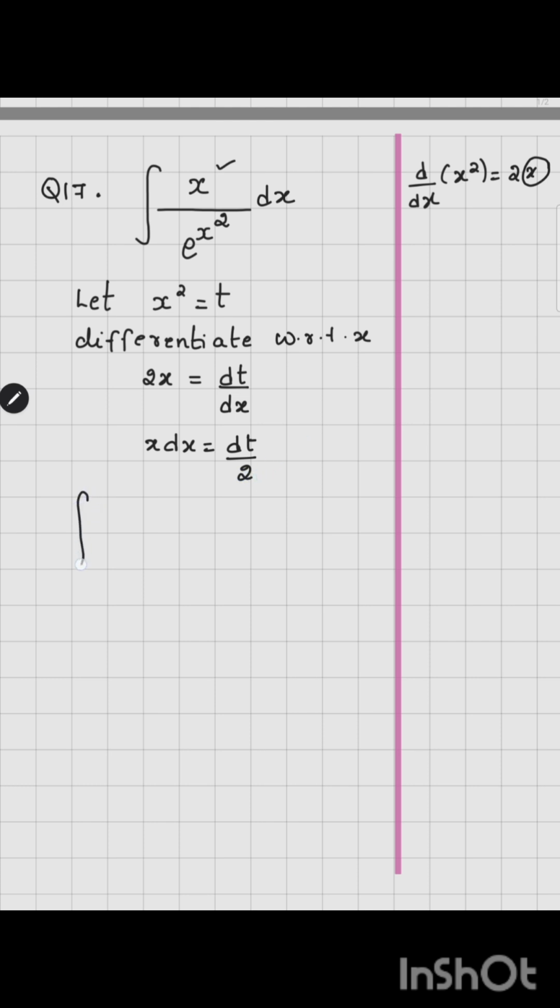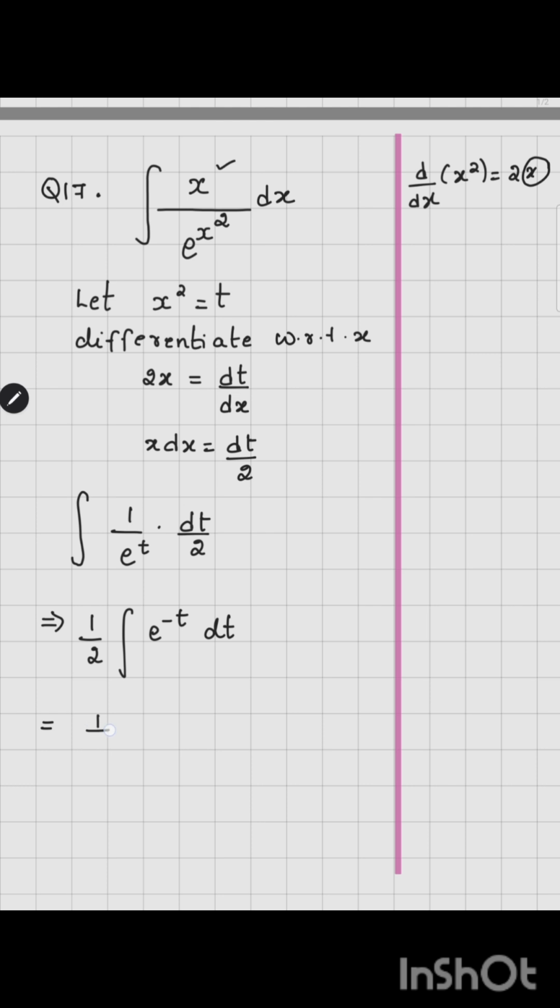Now let us substitute 1 divided by e to the power t into dt divided by 2. So let us take out the constant 1 by 2 outside. So now this is e to the power minus t with respect to t.